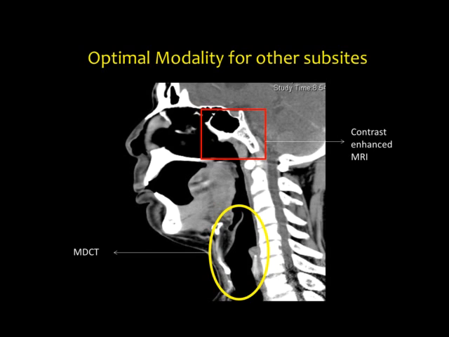For the infrahyoid neck, by and large, we use MDCT. The reason being, we're very comfortable with doing this in the hypopharynx and larynx. Less artifacts, you can acquire the imaging in a very short span of time, and the swallowing artifacts do not interfere with the acquisition. I would say that MR is coming up in a big way.